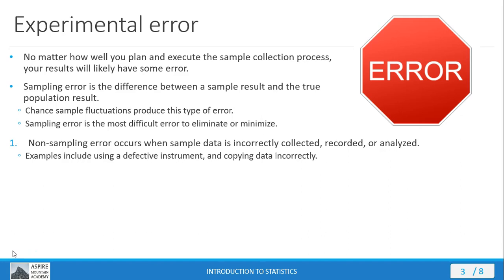Now, another way to get non-sampling error can occur through copying the data between different records. This doesn't happen as much anymore with everything being electronic and connected via the internet, but in the old days, you'd have maybe some field guy who goes to a site, collects data, and then someone in the office would take those paper records and transfer the data from the paper into some computer database, say a spreadsheet.